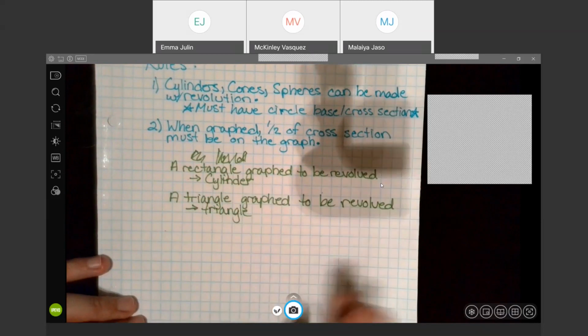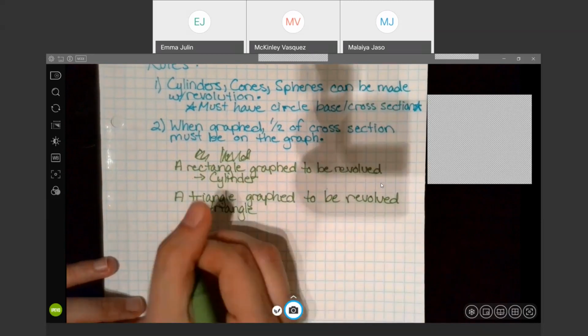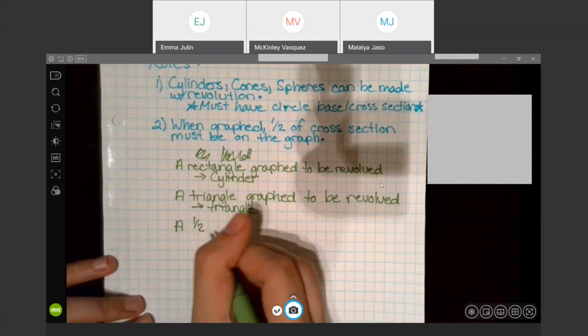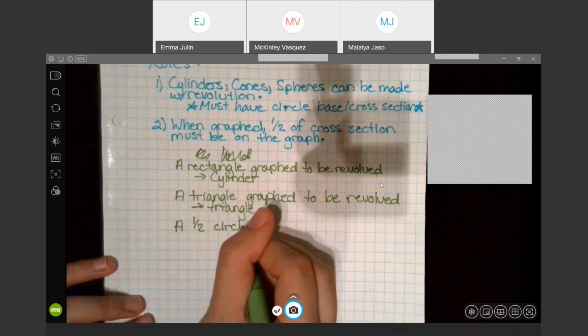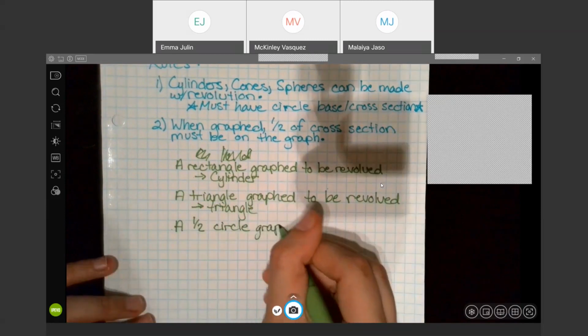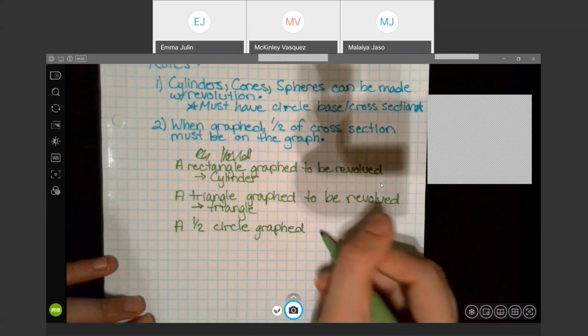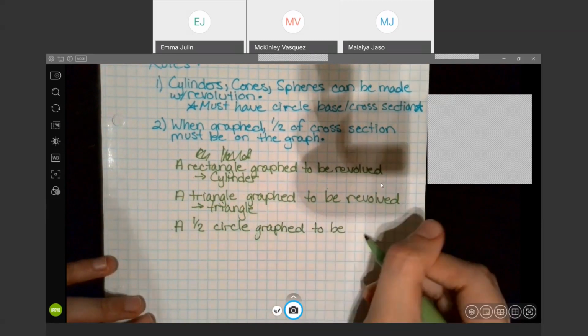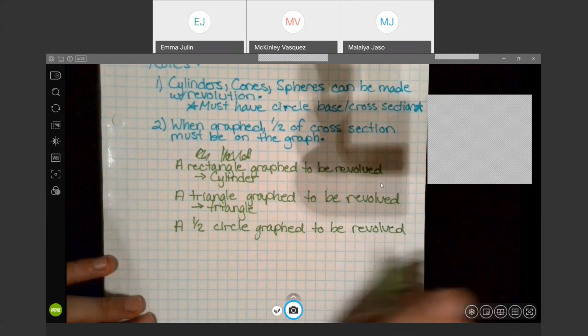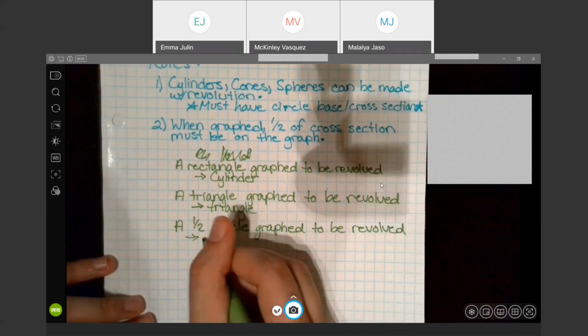And finally, if you were to see a half circle graphed to be revolved, you're going to receive a sphere.